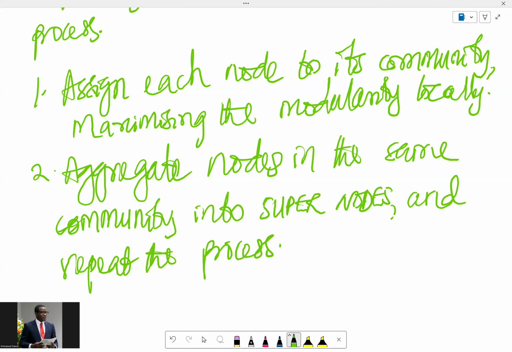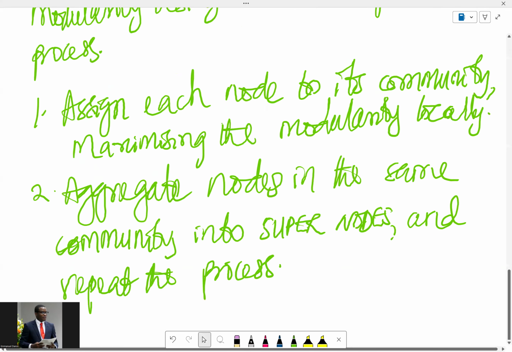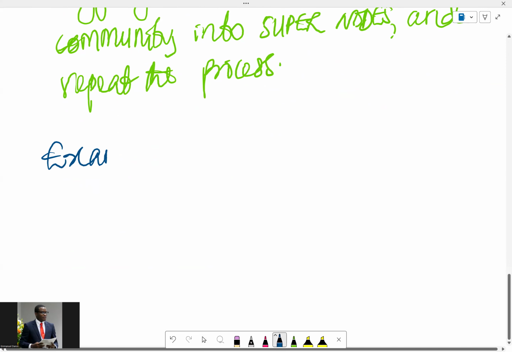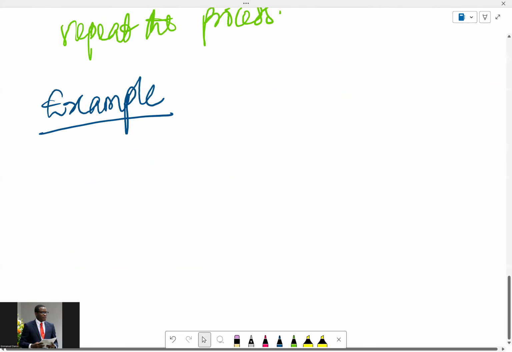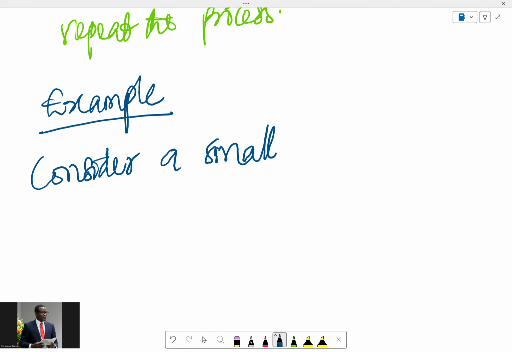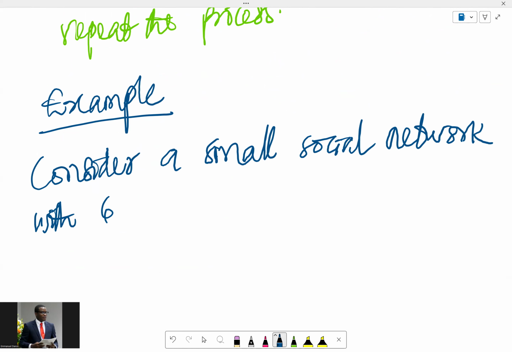So let's take an example and see how that works out. Consider a small social network with 6 users, just for the sake of the point we want to make, and the following connections.